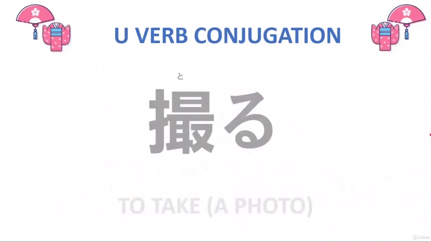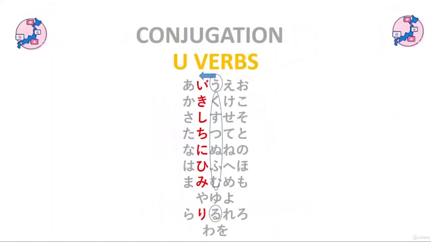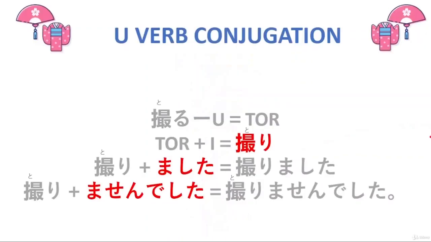Okay, let's take a look at toru, to take a picture. So for u verbs that end in ru, we will move to ri, if you can see at the bottom. So toru will become tori. This is our word stem, okay?